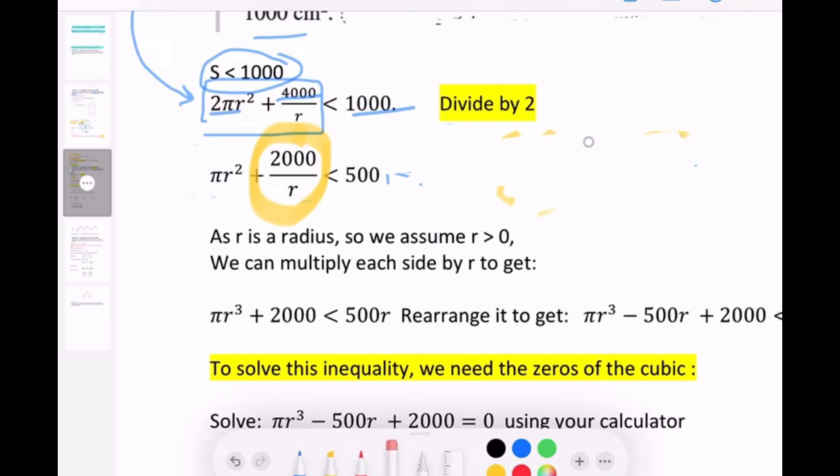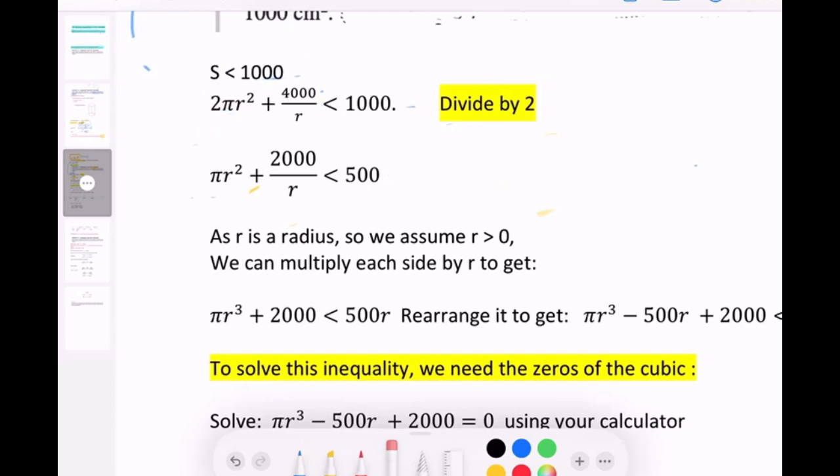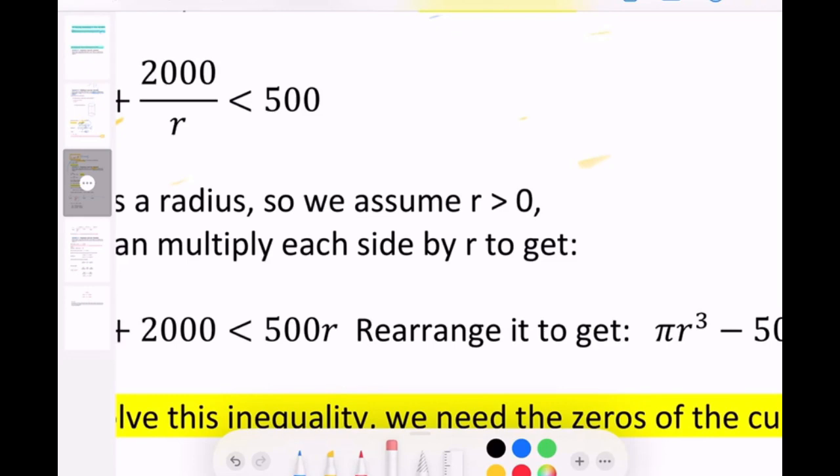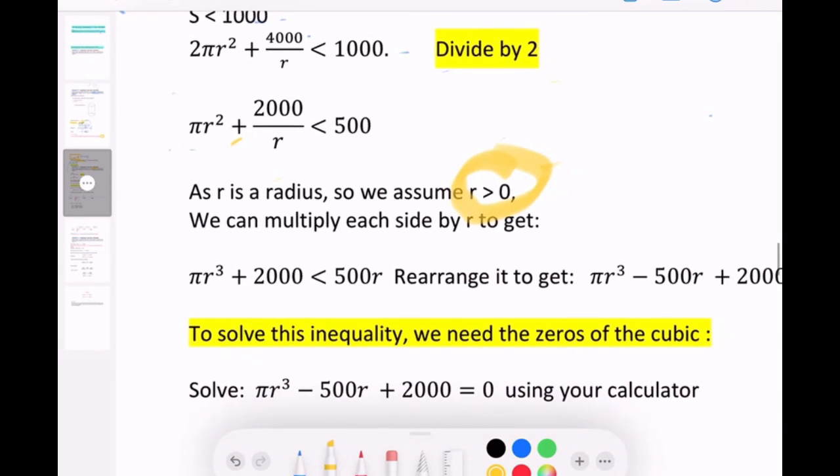It's the radius of a can. Make sure you know you're in a situation where r is a radius, and the radius cannot be a negative value. So when I multiply by a positive value, r positive, the inequality will be maintained. I'm not going to change the direction of the inequality. It stays the same because I multiply by a positive.